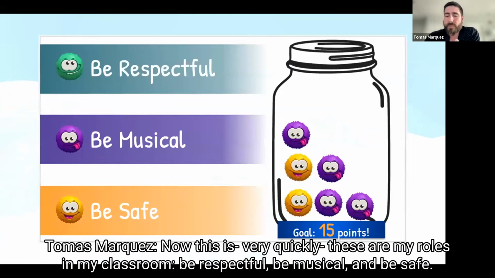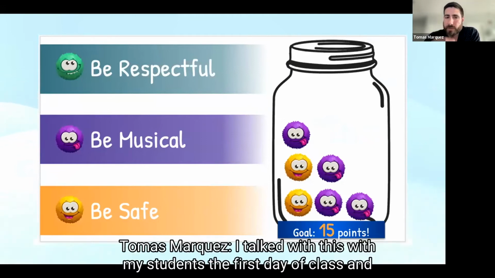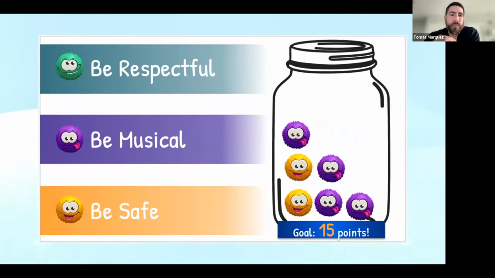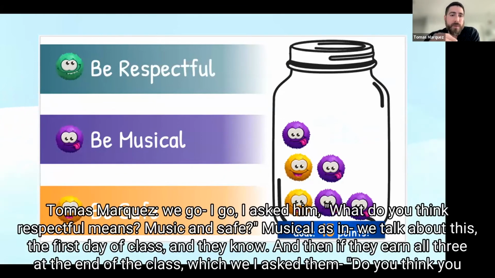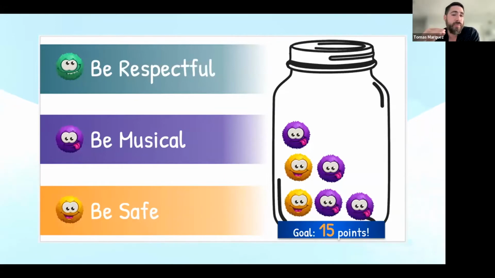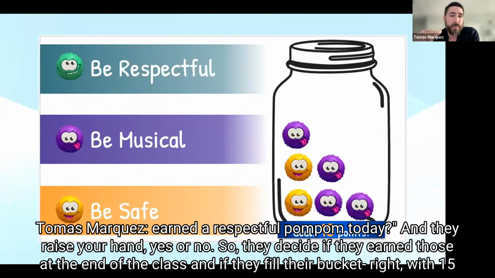Now, very quickly, these are my rules in my classroom: be respectful, musical, and safe. I talk with my students the first day of class, and I ask them, what do you think respectful, musical and safe mean in the music class? We talk about this the first class, and they know. Then if they earn all 3, at the end of the class I ask them, do you think you earned a respectful pom-pom today?